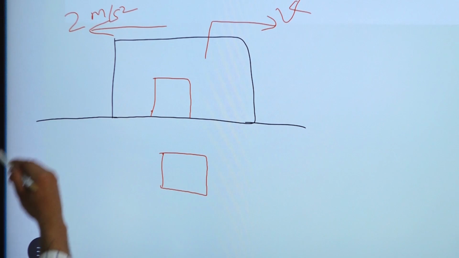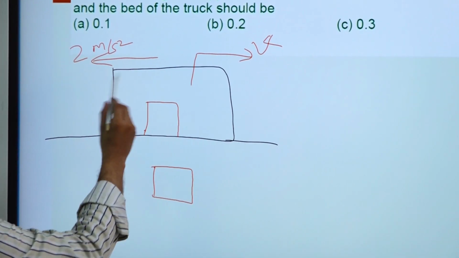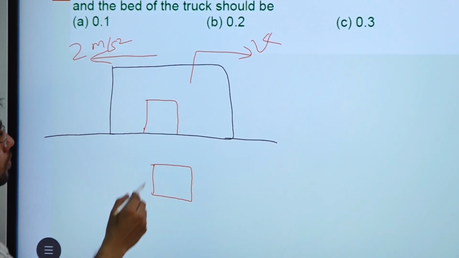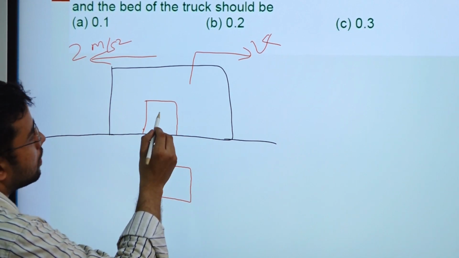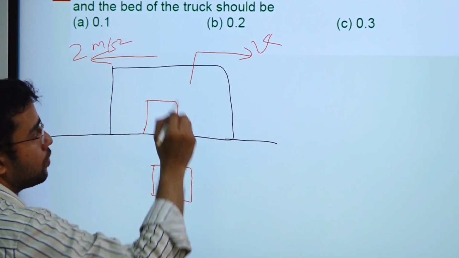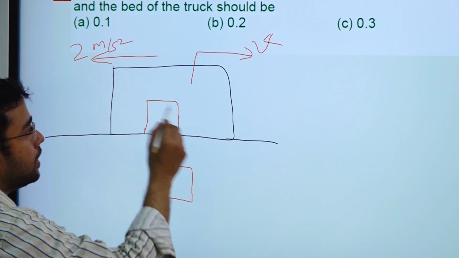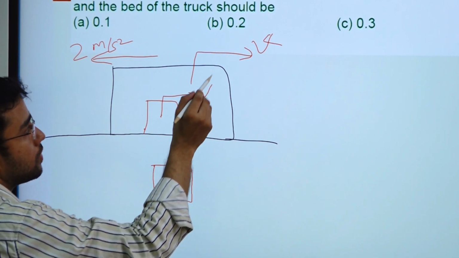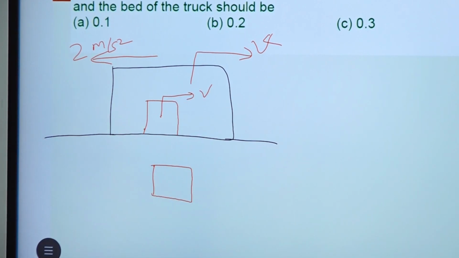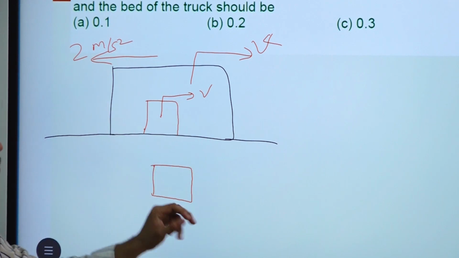So we are going to make free body diagram of this block first, because it is decelerating. The truck is slowing down. Whole body is moving with v velocity. Suppose this also is moving with v velocity. Both are moving with v velocity, and suppose we are going to stop it. So what happens?